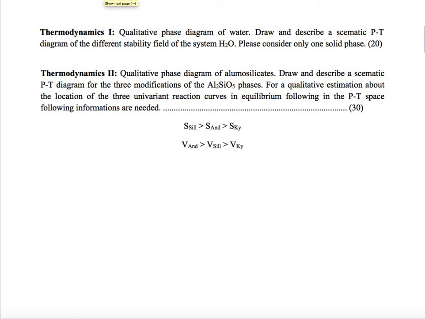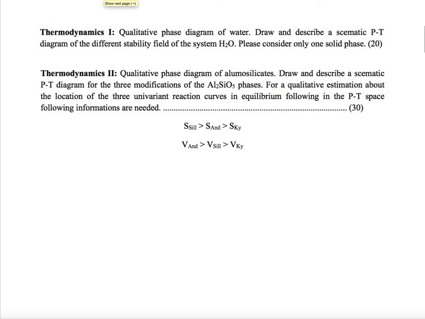Then for the volume, andalusite has the biggest volume, then we have sillimanite, and kyanite has the smallest volume. You need this information so that you can construct the qualitative phase diagram of the alumosilicates.